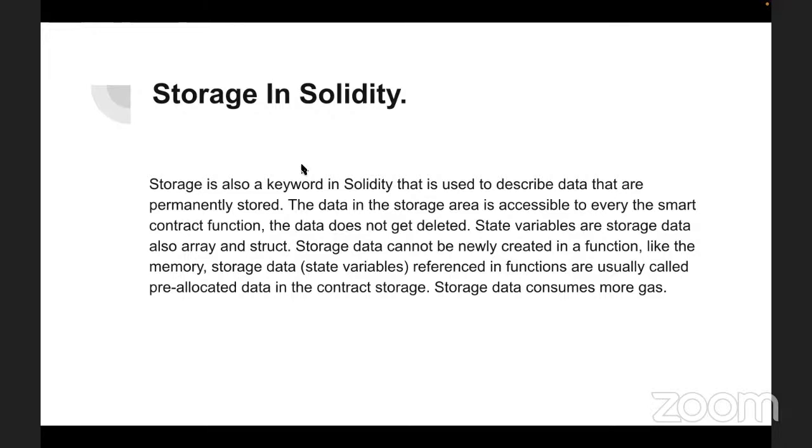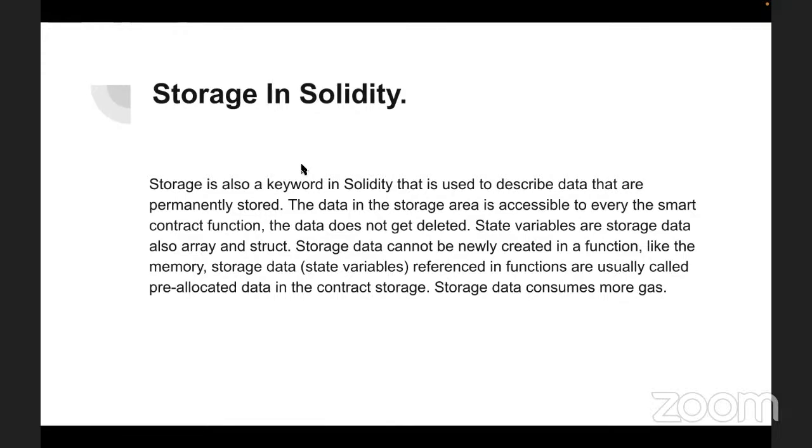What this sentence is saying is that unlike memory, where you can create new variables like a reference, probably a new variable within the function, you cannot create a new storage variable in a function. So storage data cannot be newly created in functions like memory.